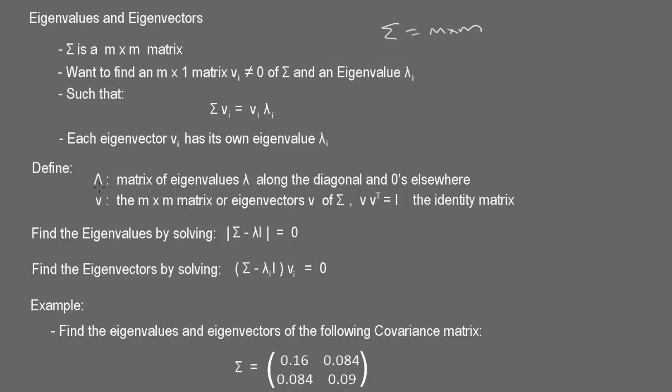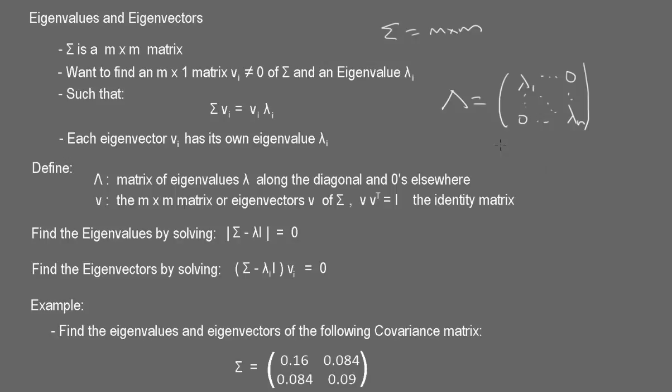We also define capital lambda as a matrix of eigenvalues with the eigenvalues down the diagonal and zeros elsewhere. So it looks like this, lambda 1 to lambda n, and then we have zeros everywhere else.